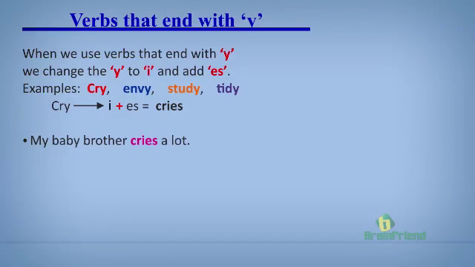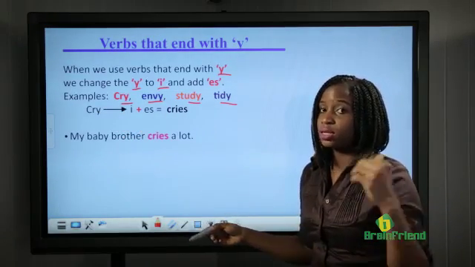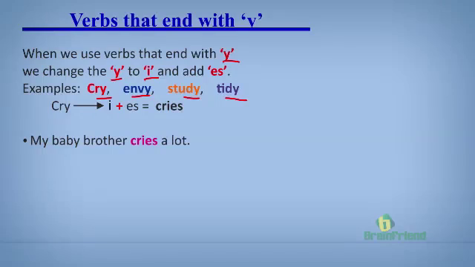When we have verbs that end with the letter y, we replace y with i and then we add es. Some examples of these verbs that end with letter y are cry, envy, study, and tidy. So to put cry in the present tense, that is when talking about another person, what do we do? We replace the letter y with i and then we add es, making it cries.